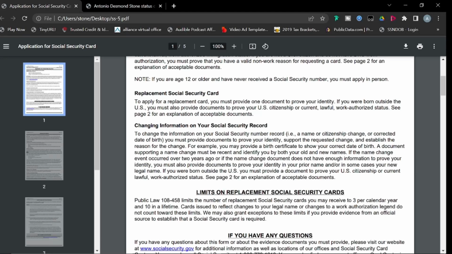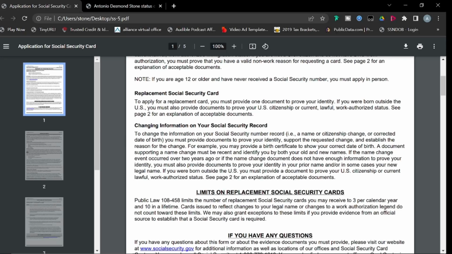You see, there it is right there. Citizenship change means what? Changing your status. It says, change information on your Social Security record, right? What are we doing when we notify them of our status change? We're telling them to change the information on the record. Okay, exactly what we're doing.